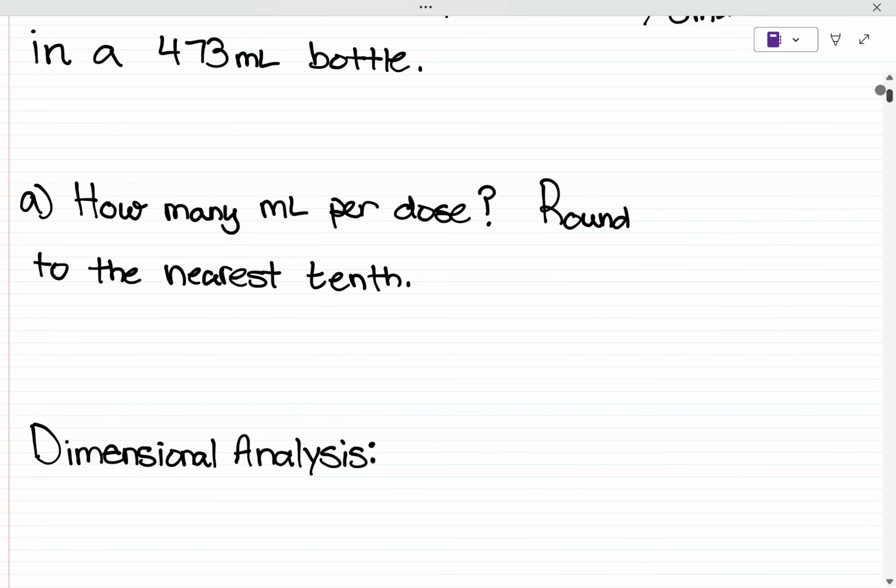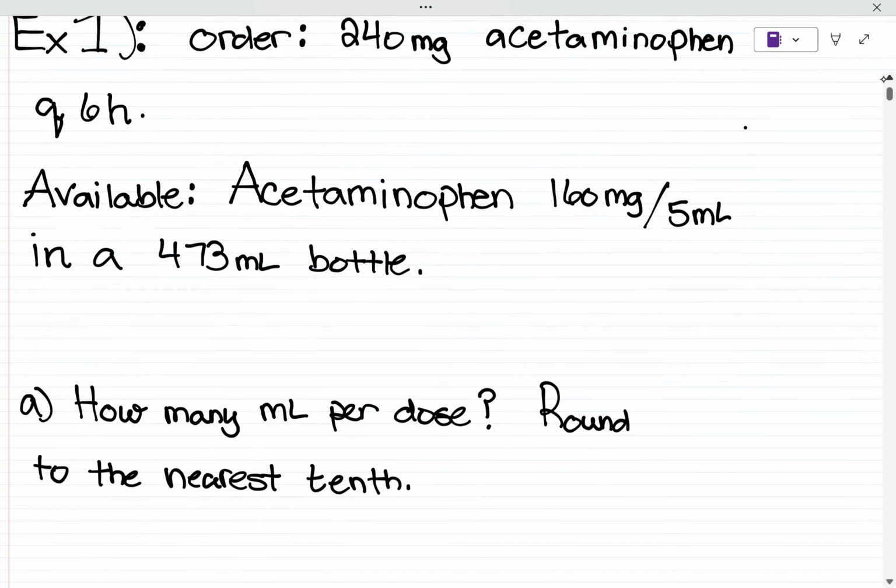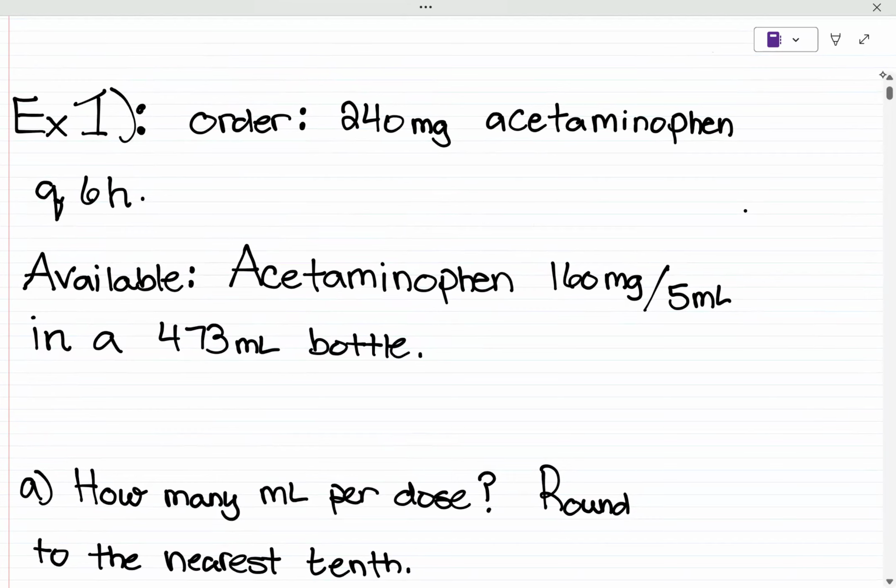Example one says, and I may mispronounce these words because I'm not an RN or a physician, but I'll do my best. You have an order of 240 milligrams of acetaminophen Q6H.